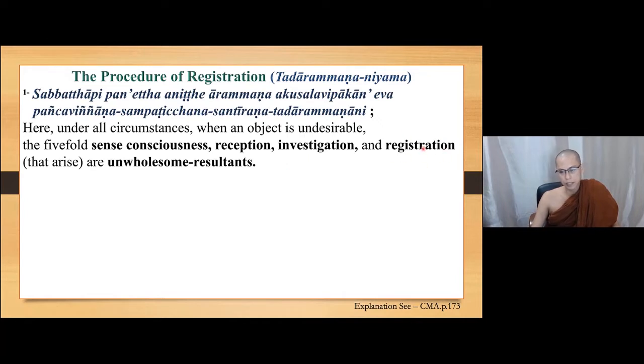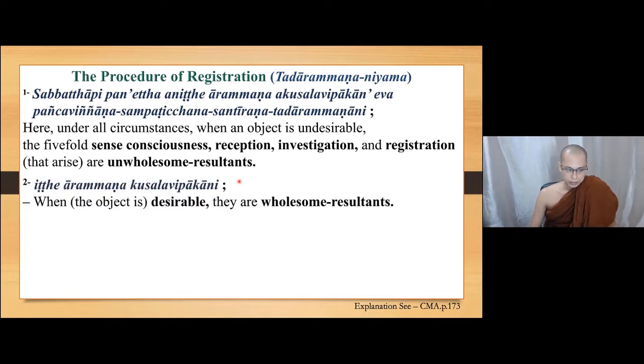The registration moment is identified by the object too. If the object is prominent or clear, we can add the registration moment, and we also need to consider what types of consciousness can be in the registration moment. If the object is undesirable, any of the unwholesome resultants among the eleven registrations.